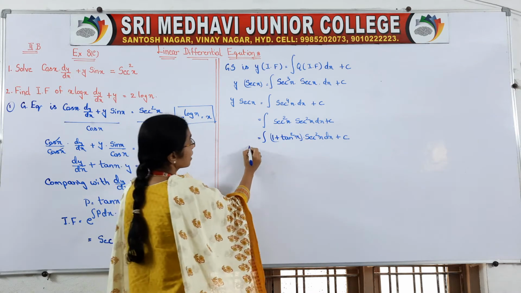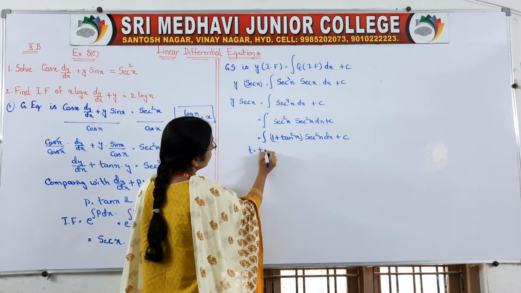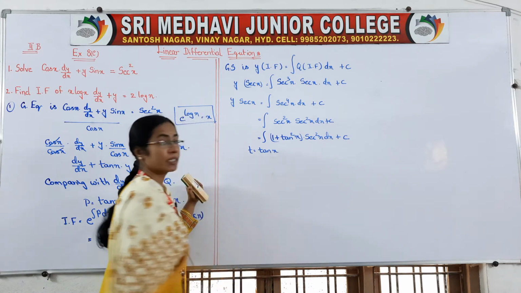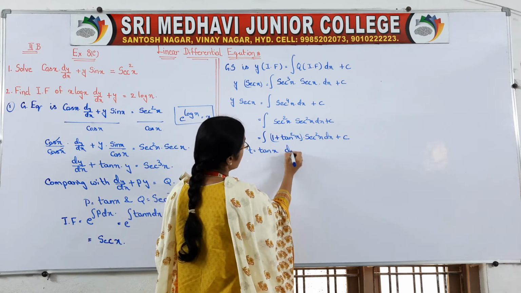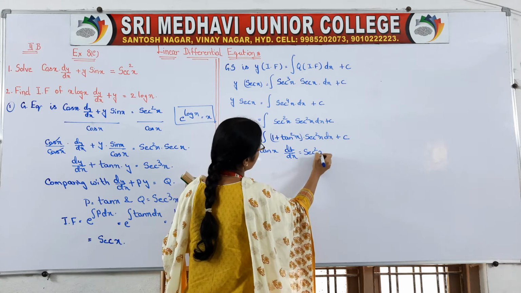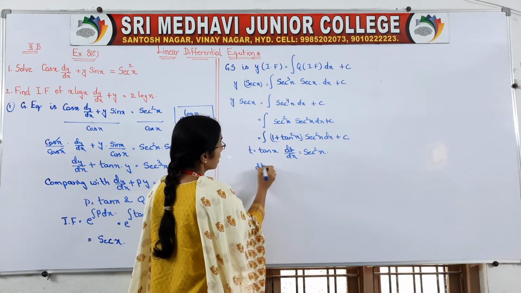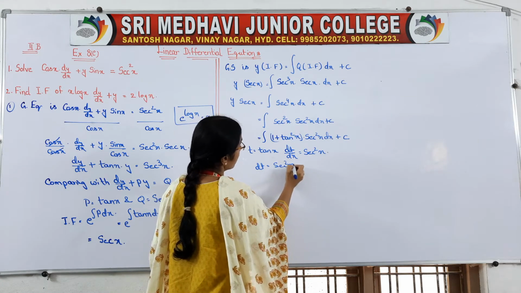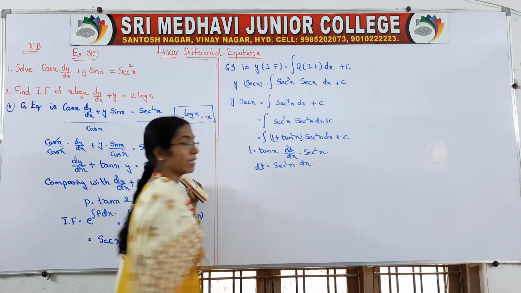Take t is equal to tan x, then dt by dx is equal to secant square x. So dt is equal to secant square x into dx.